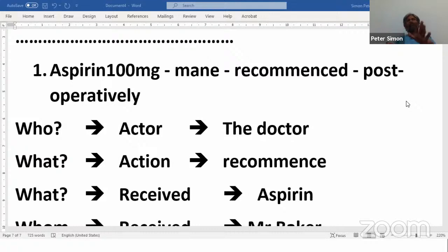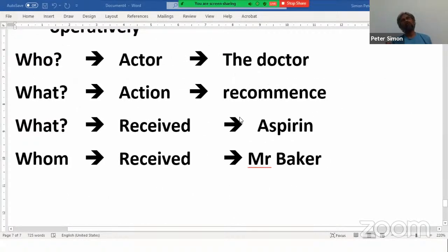So I have already told you how to make sentences. Now, what is the priority? You want to use active voice or you want to use passive voice? If it is passive voice, you want to use the indirect object, that is the patient, or you want to use the direct object?